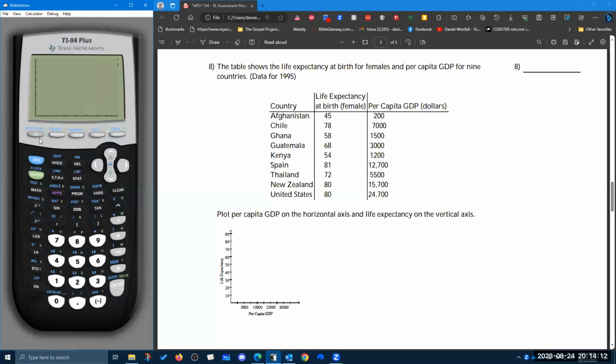If I zoom in on my data in just a second, there's stat plot on, there it is, zoom 9. And, ooh, yeah, look at that. See, that doesn't look linear at all. Now, it might be non-linear. There might be other models that better explain that. That looks maybe like it's logarithmic, right?